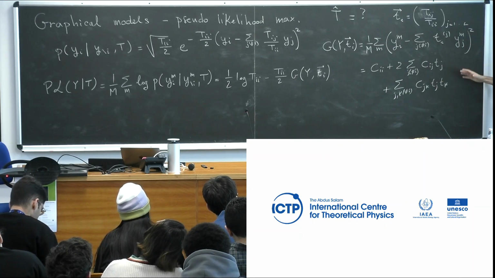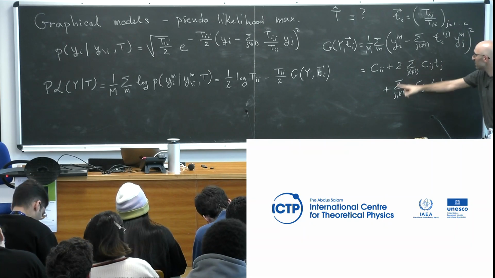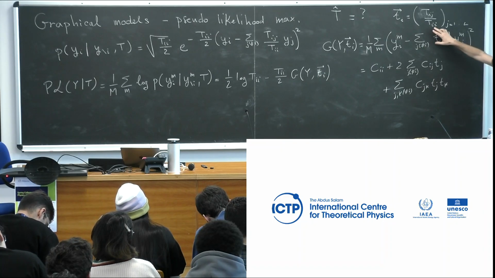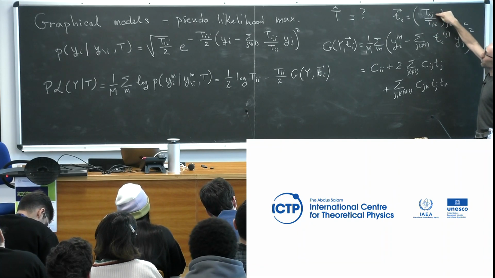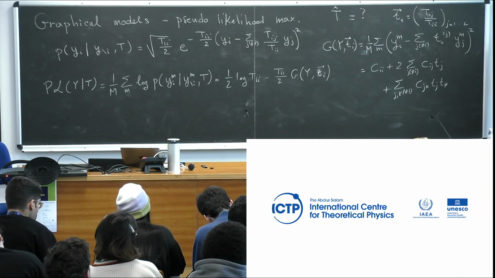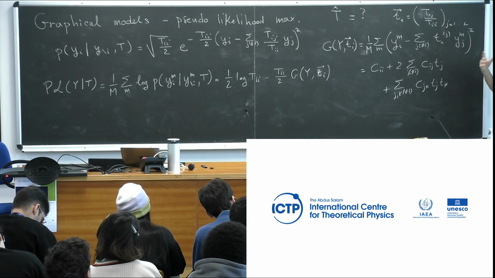So this G is a quadratic form of the T. Now you see the Tii, I mean the one with j equal to i, is equal to 1. So you only have the Tj for j different than i. This is a quadratic form.